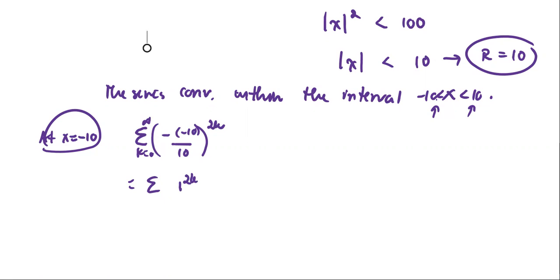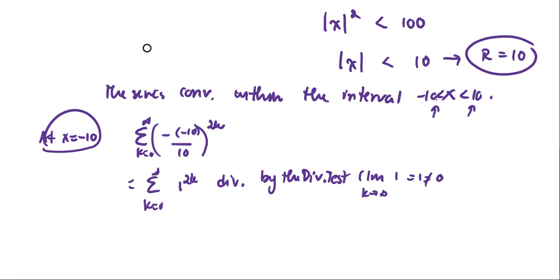The summation of the 1 diverges by the divergence test, which means the limit of the 1 as k approaches infinity equals 1, which is not equal to 0. So at the left end, the series diverges.